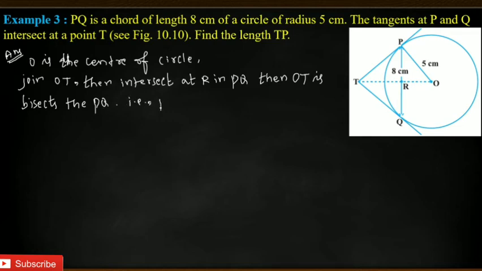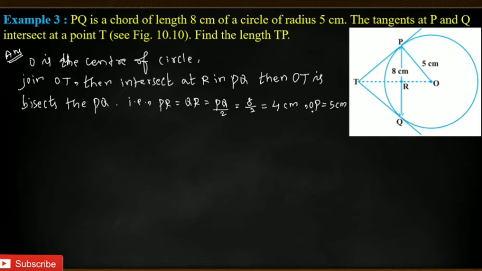We are getting PR equal to QR, which is equal to half of PQ. That is the concept. Here PQ we know is 8, half of it is 4. So PR and QR are equal to 4 centimeter. Let me write here 4 centimeter. Next, we have OP, that is the radius, which is equal to 5 centimeter.